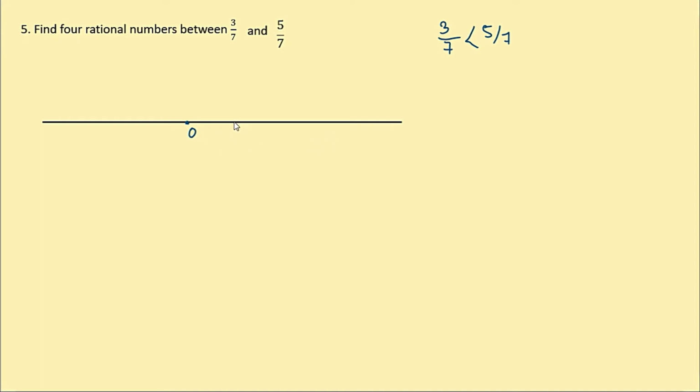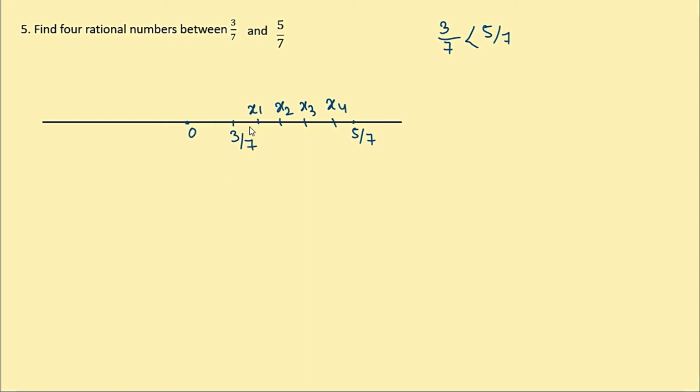So this will be 3 by 7. This is 5 by 7, and between 3 by 7 and 5 by 7 you are to find out four numbers, that is 1, 2, 3, 4. So this is x1, x2, x3, x4.